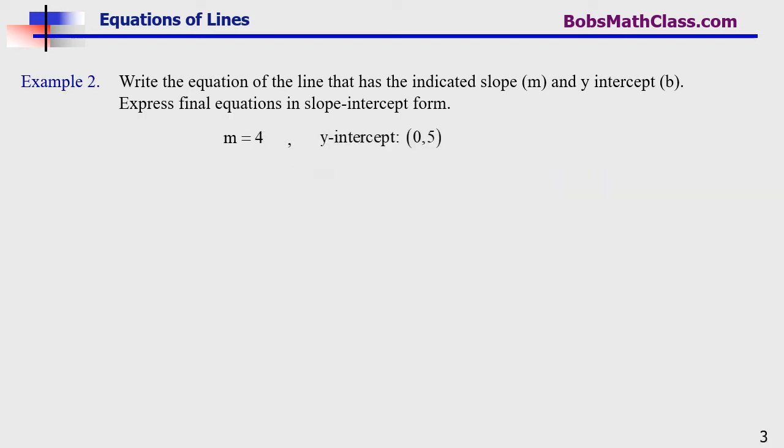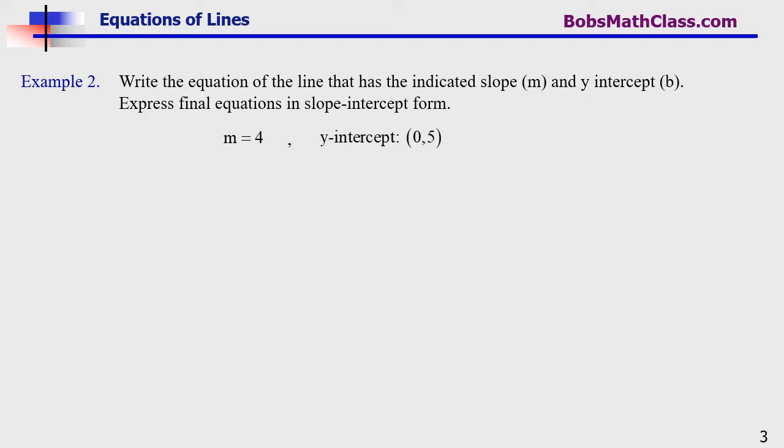Okay, example 2. Write the equation of the line that has a slope m and a y-intercept b. Express the final equation in slope-intercept form. M equals 4, and the y-intercept is (0, 5). So m is 4, we have our m, and (0, 5), that's where it crosses the y-axis.